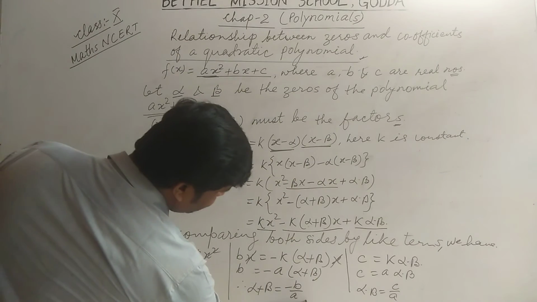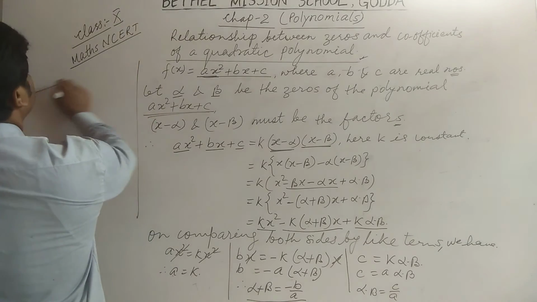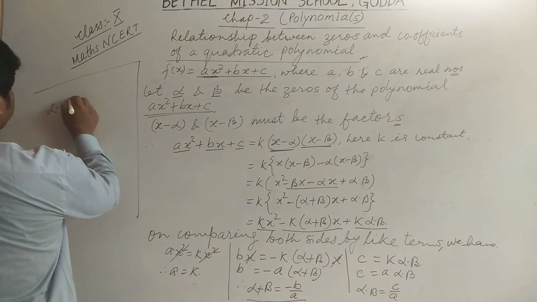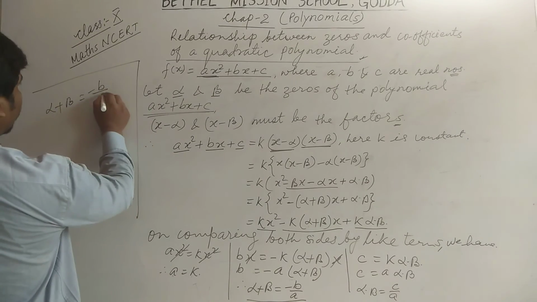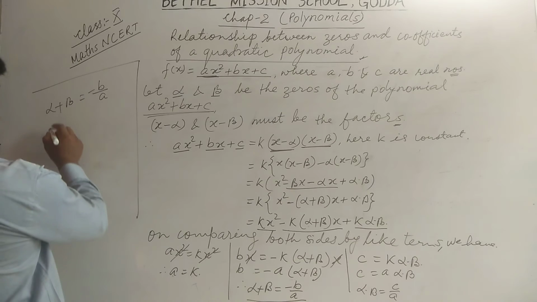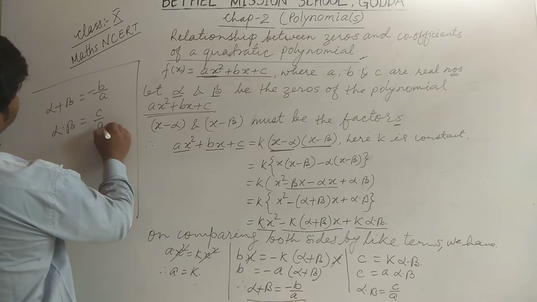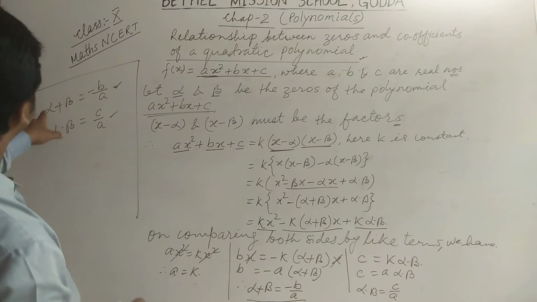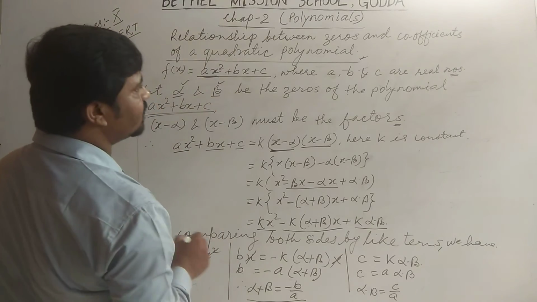Now you see what we got. Alpha plus beta equal to minus b upon a, and alpha into beta equal to c upon a. What does it mean? It means sum of zeros, because alpha and beta are the zeros of this polynomial.